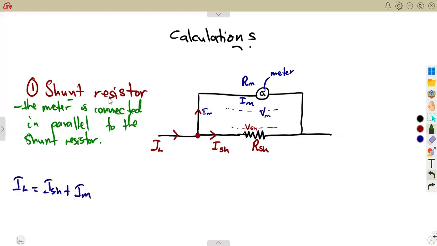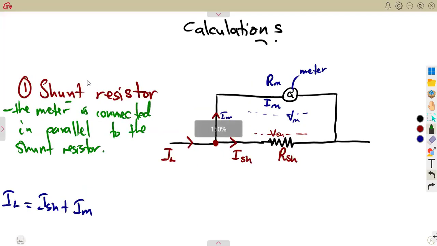At the end, we need to know how to calculate that shunt resistor, which is the major part of our connection, to say what is going to be the value of the shunt resistance that we are given. When you are dealing with shunt resistors, we can consider this as an ammeter shunt.